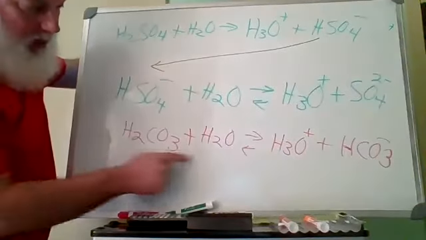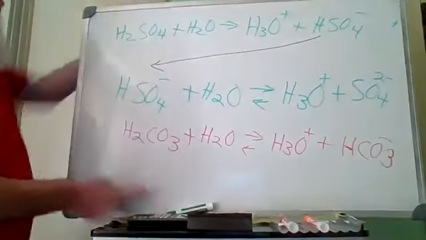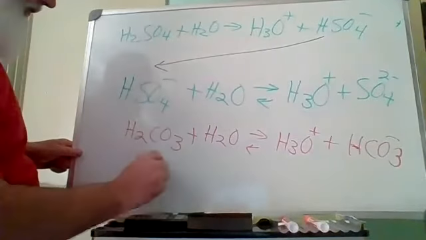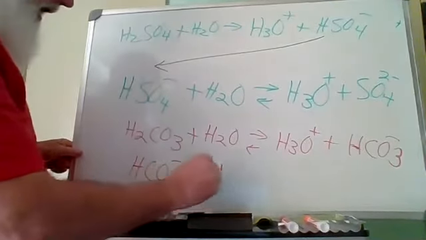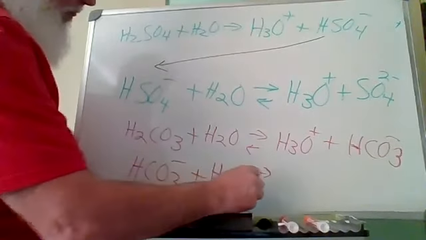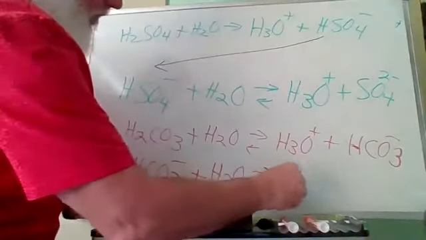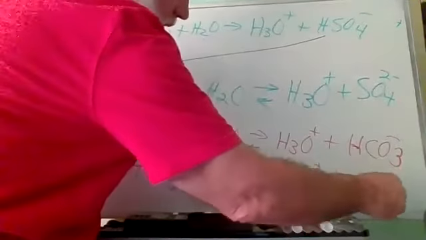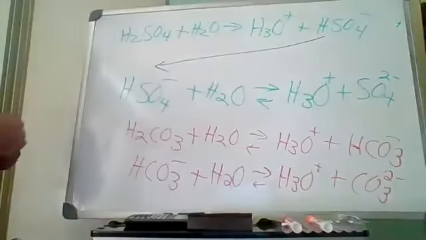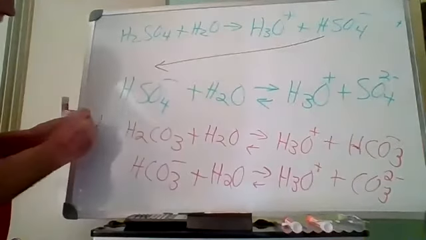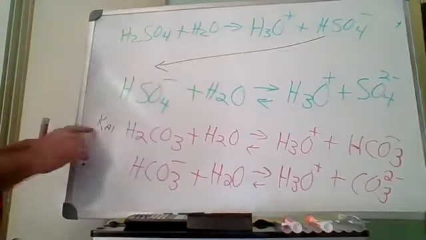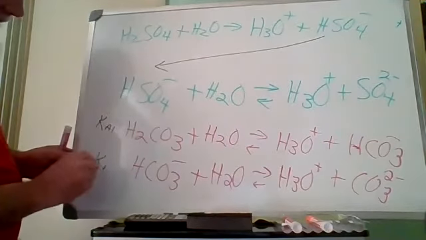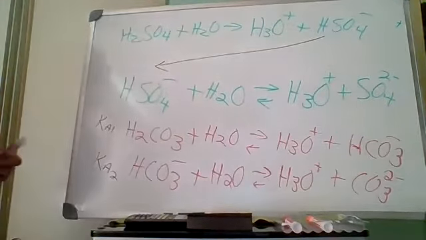But if we look here, there's a Ka1 for this first one, and then for removal of the second proton, there's a Ka2, giving CO3 2-. So this first reaction is governed by Ka1, the acid dissociation constant for removal of the first proton, and the second one is governed by Ka2.